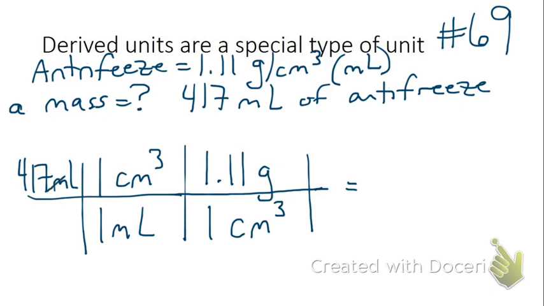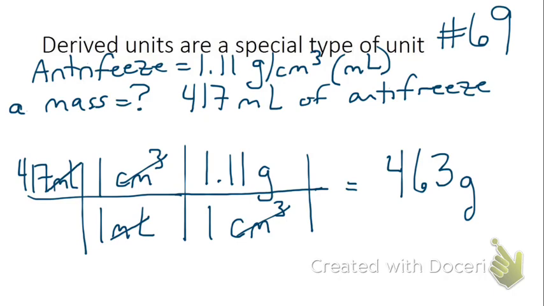Now let's see if we've set this up correctly. mL, centimeters cubed. So yep, we're left with grams. And so when we multiply across the top, we get 463 grams.